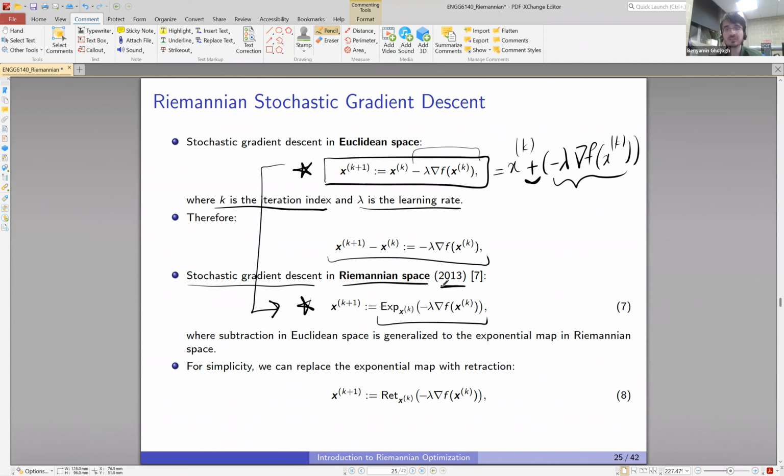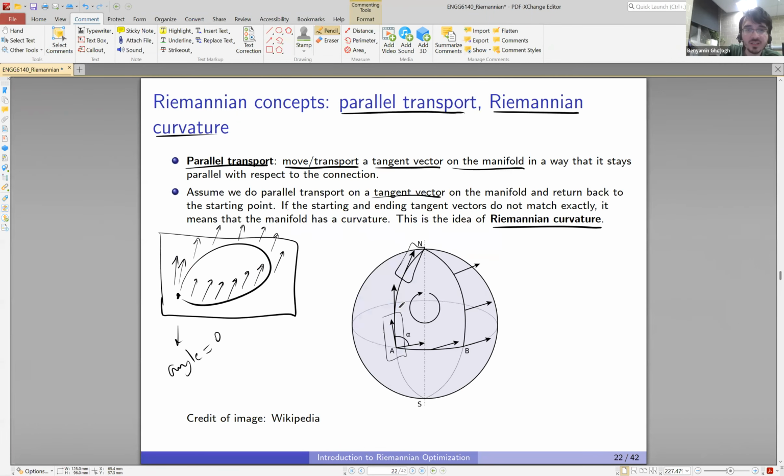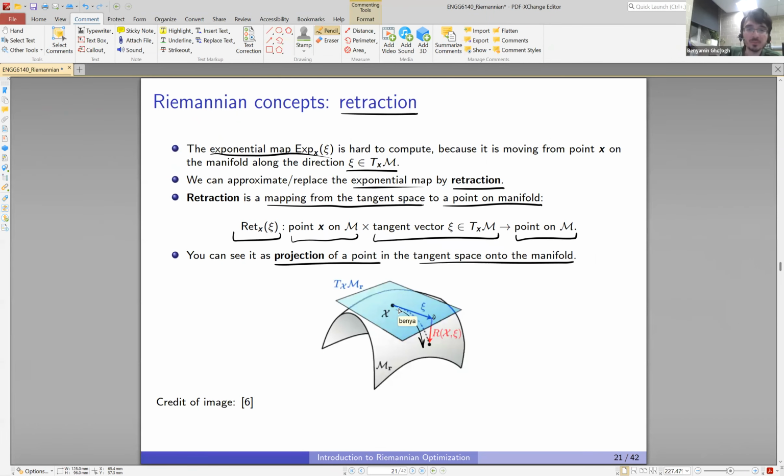It was proposed in 2013 in paper 7. Okay. This is addition, sorry, where addition in Euclidean space is generalized to the exponential map in Riemannian space. But as we talked about in this slide, the exponential map is hard to compute.